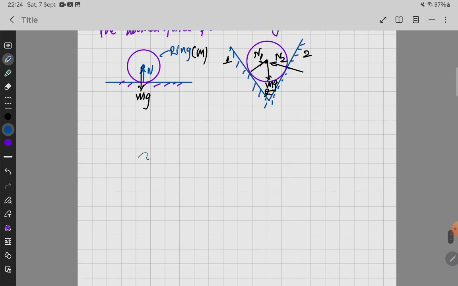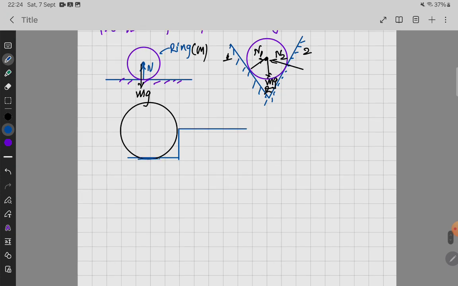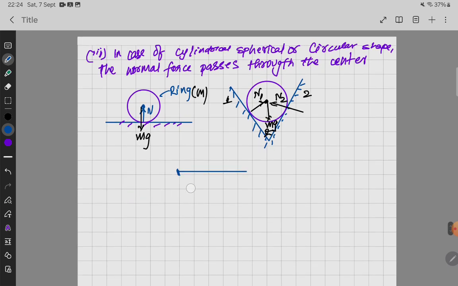Another case. So this is something like, here this is a sphere, there is a contact here. Or let me draw this.